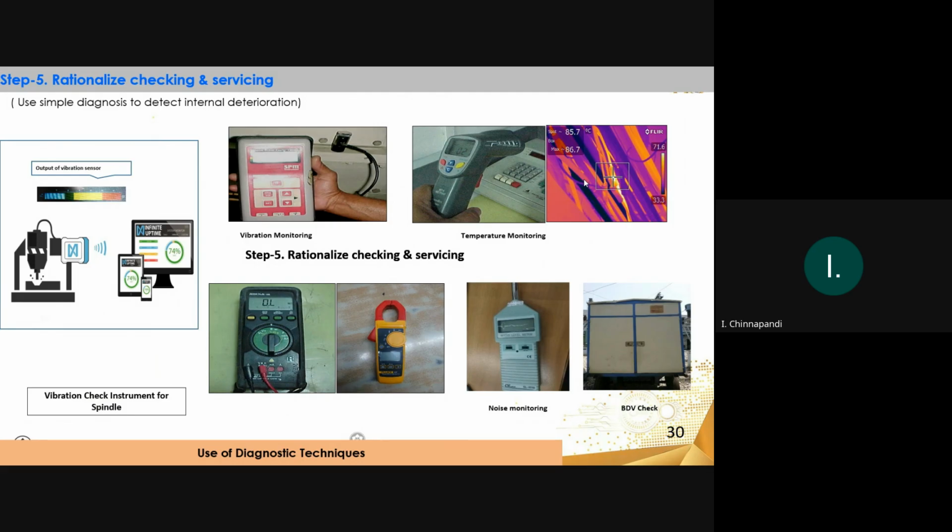We feed it different color zones: green, yellow and red. If the spindle is running within the permissible vibration limit, it shows green. If it goes beyond that level, it gives yellow.